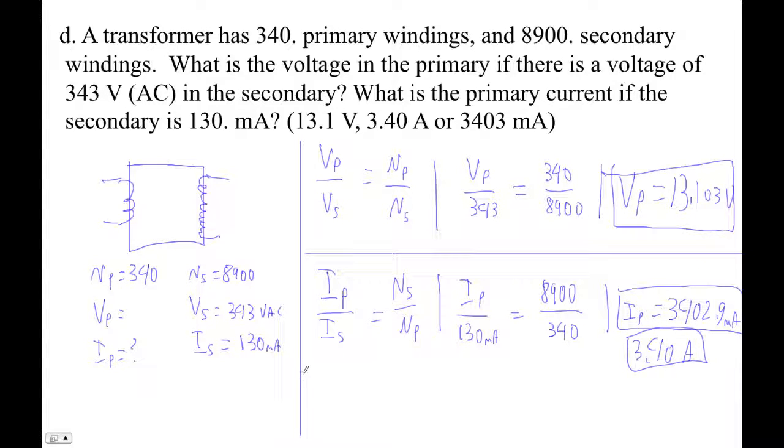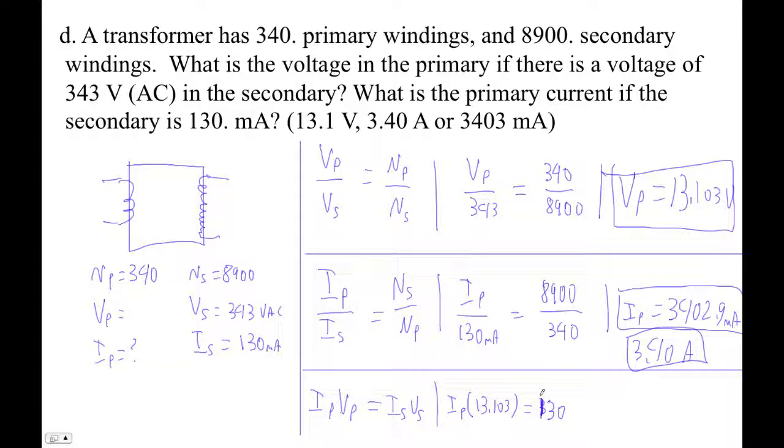Obviously, we can also do this using power in equals power out, right? So I primary, V primary, this is the power in, equals I secondary, V secondary, right? So I primary, which we don't know, times 13.103 is equal to I secondary, so 130 milliamps, and that's volts, times 343.